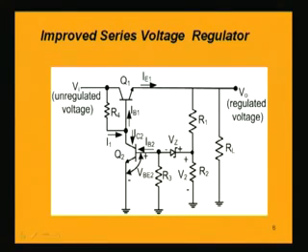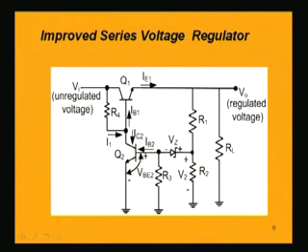Now in this circuit, if we again find the relation between the output voltage V0 and the voltage VBE2 for this transistor, let us see what is this voltage V2, which is the voltage across this R2.